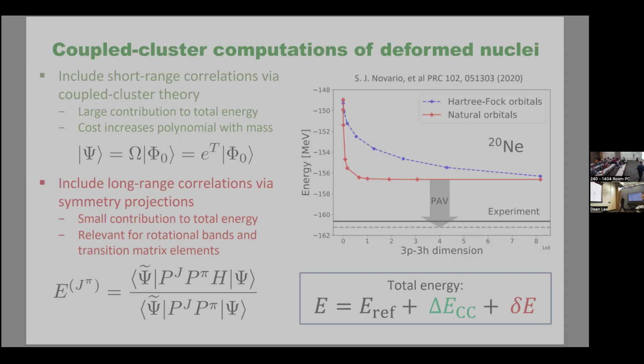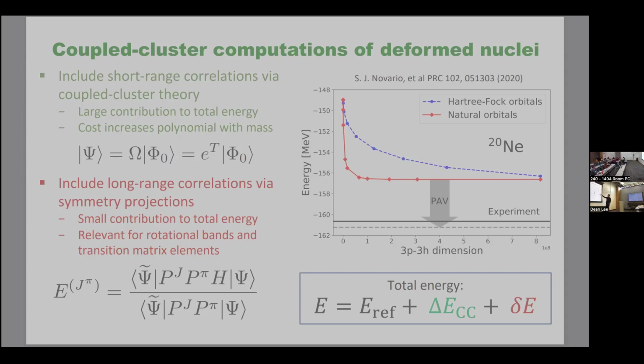Typically, the amount that you get from projection here, which we call small delta E, is very small compared to the correlation energy you get from including the short-range correlations via the action of e to the T on your reference state. You also see that in a picture here.